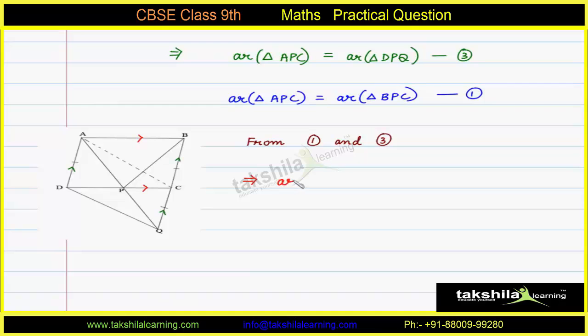So this implies here that area triangle DPQ is equal to area triangle BPC. And this is what we had to prove in this question. This is our final answer. Area triangle DPQ is equal to area triangle BPC.